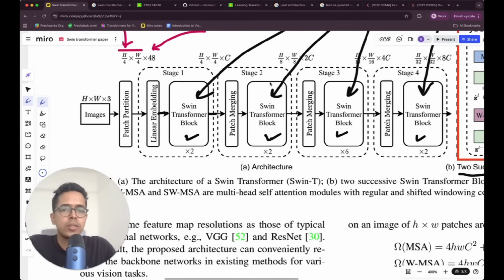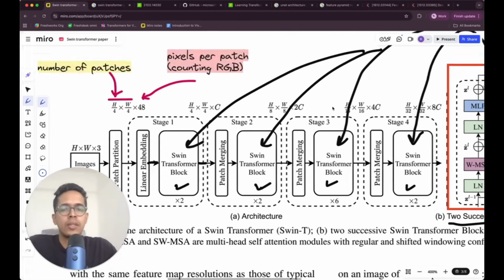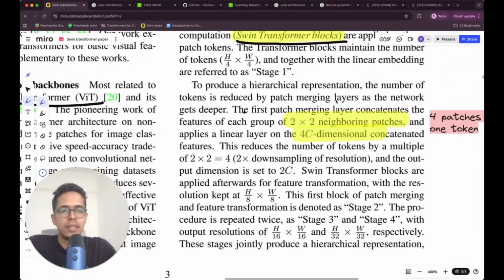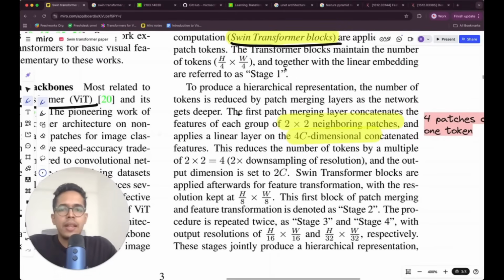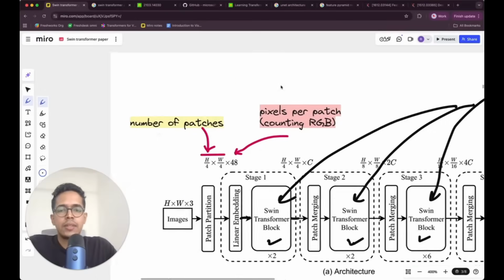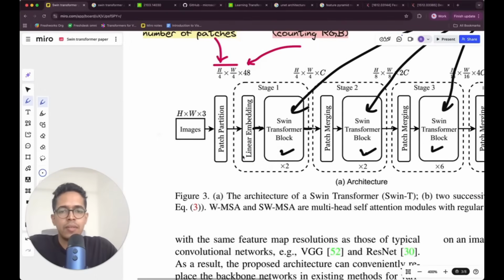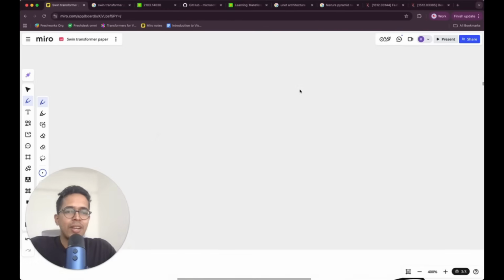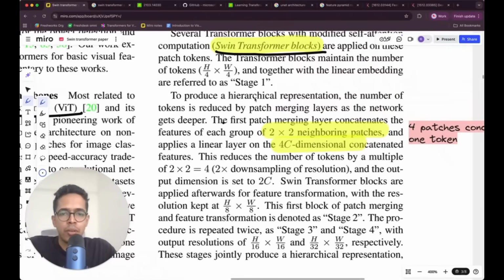In the next blocks it is different, but within one transformer block the number of tokens or number of patches remain unchanged. And together with the linear embedding, it's referred to as stage 1. So stage 1 is this whole thing in this rectangle. So with linear embedding plus the Swin transformer block, those two combined form stage 1. We are yet to look at it in detail, but I just want to give you an overview first.